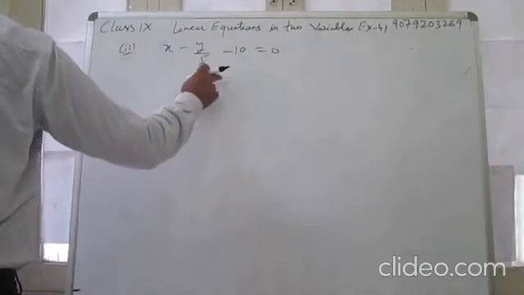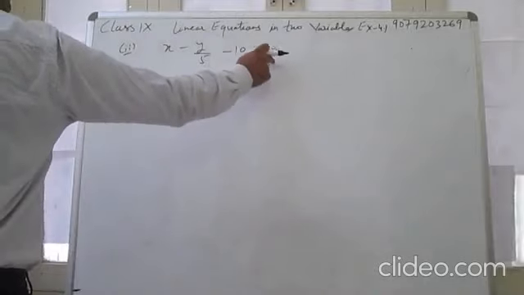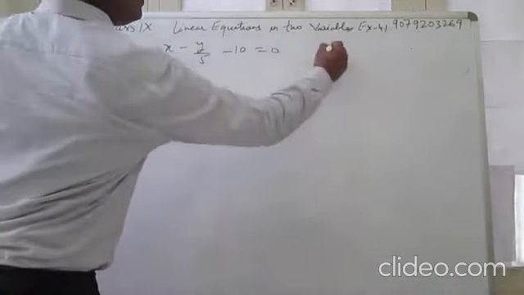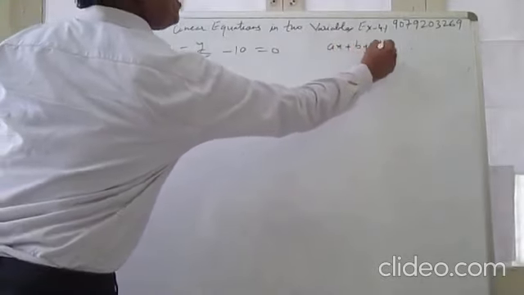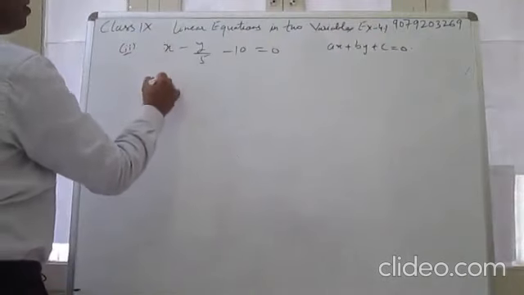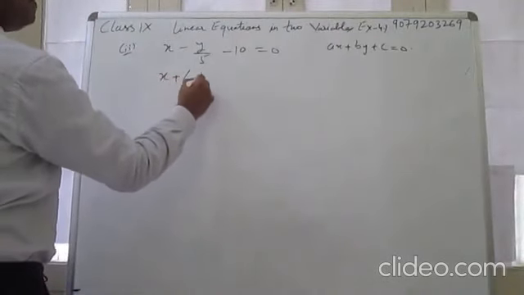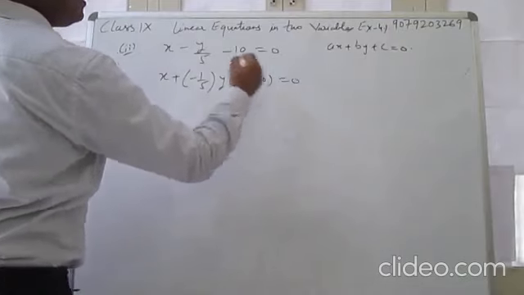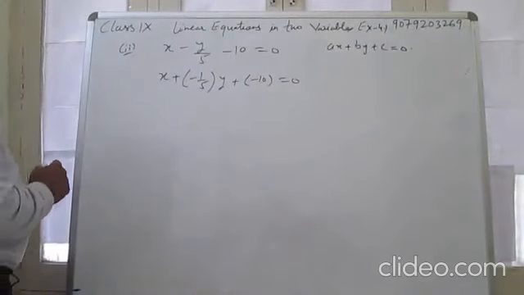Convert into the form ax plus by plus c is equal to 0. It is already in this form. You can write it in this way also: x plus minus 1 upon 5 y plus minus 10. Now it is easy for you.